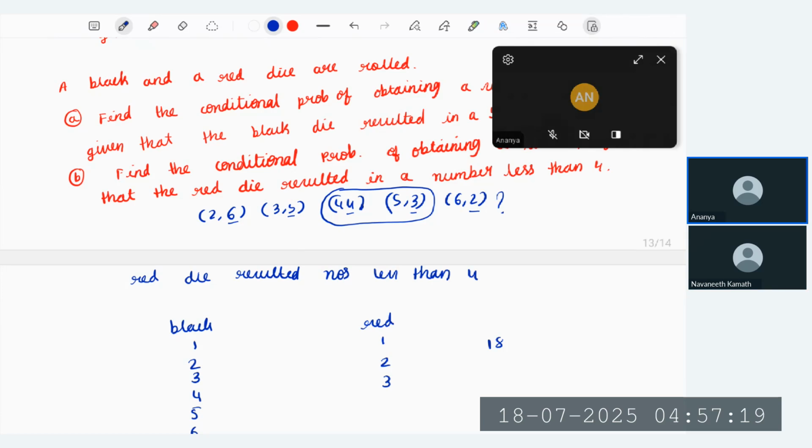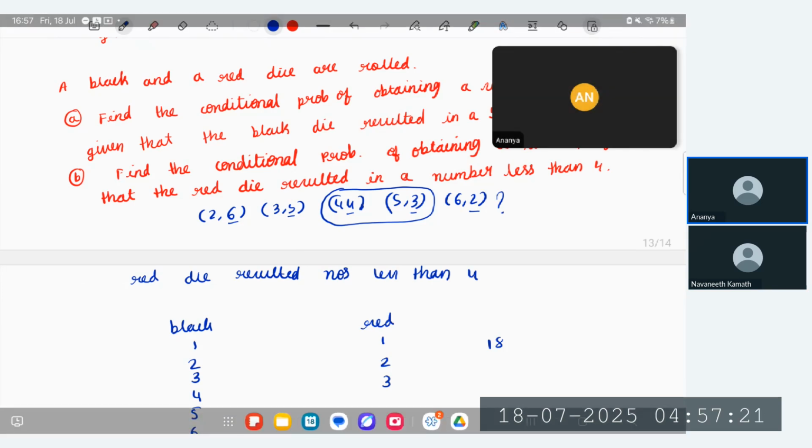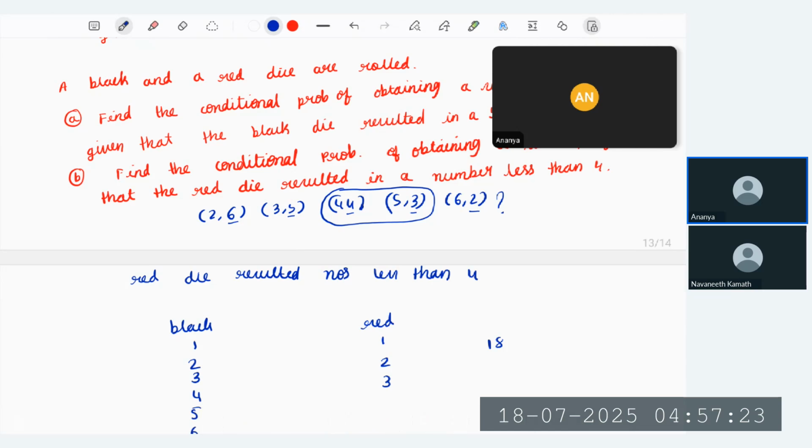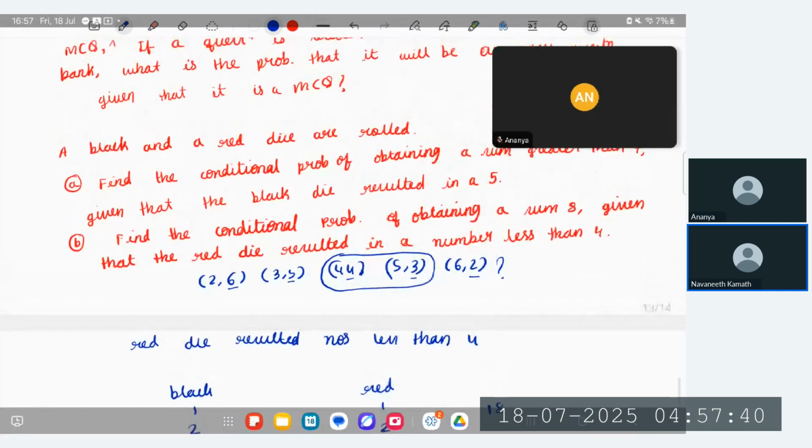Do we have to consider the red die as the second die, or can it be either? It is your wish, but if you fix one as your red die, you should not change that.